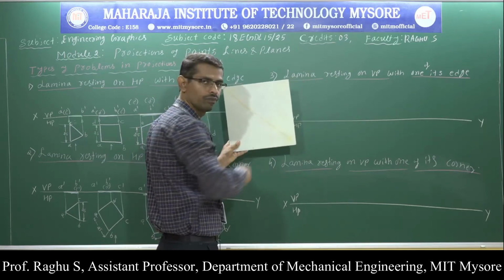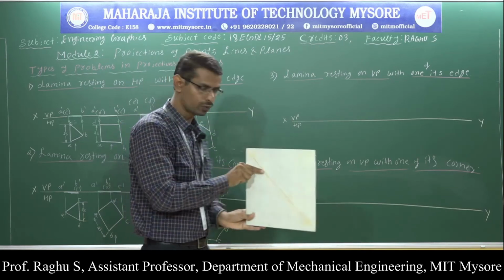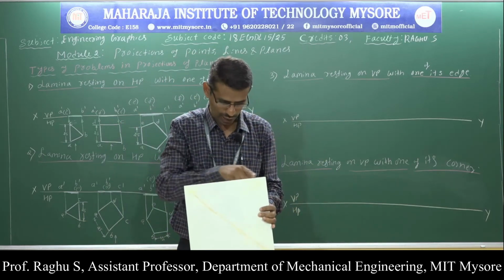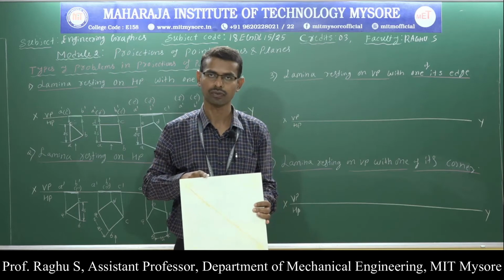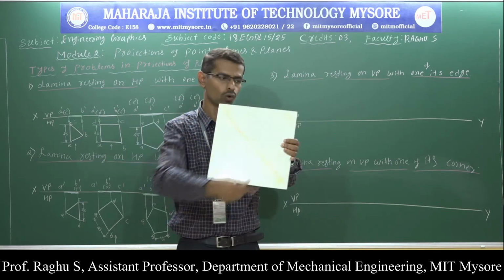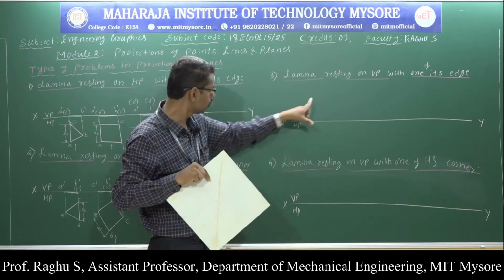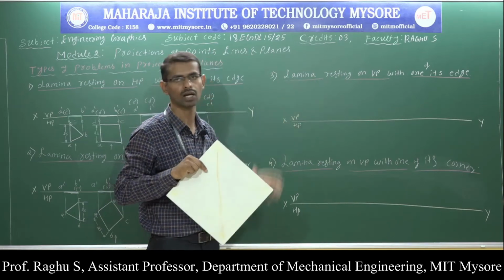This is the true shape. When you observe the lamina from the top, the lamina looks like a straight line, right? Therefore, always start the drawing with the true shape. True shape comes on the vertical plane, so first start the drawing from the vertical plane.